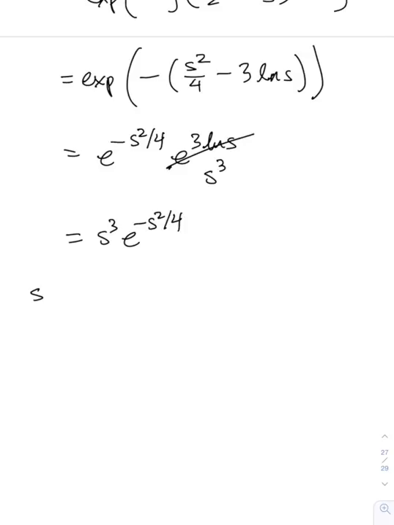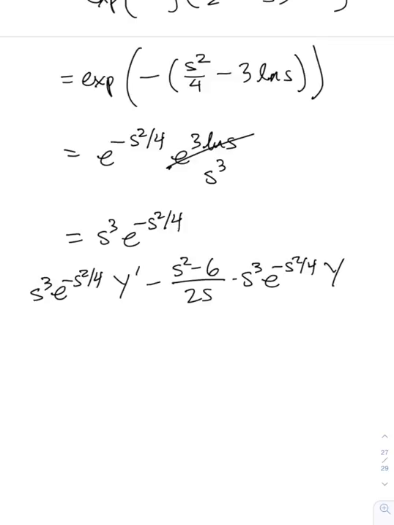So I have s cubed e to the negative s squared over 4 times Y prime minus (s squared minus 6) over 2s times s cubed e to the negative s squared over 4 times Y equals negative s over 2 times e to the negative s squared over 4.